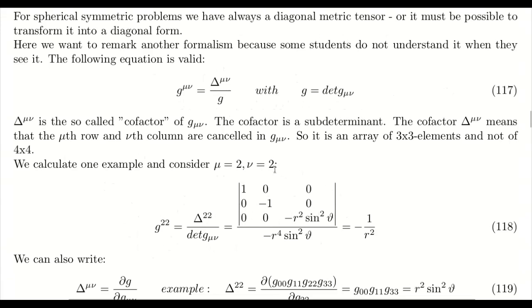So this is cancelled out, and so we have only 3 rows and 3 columns here. And the determinant of the metric tensor, that is, we have 3 factors with a minus, so here a minus remains, and we have r squared and another r squared here with a sine squared, and so the whole determinant of the metric tensor is this, what we have here in 118 in the denominator.